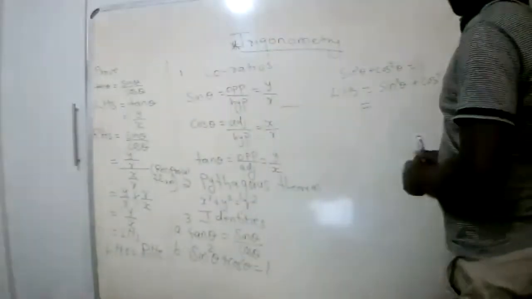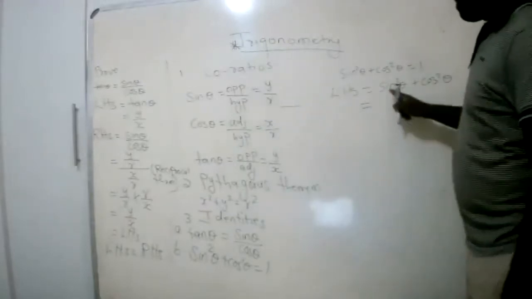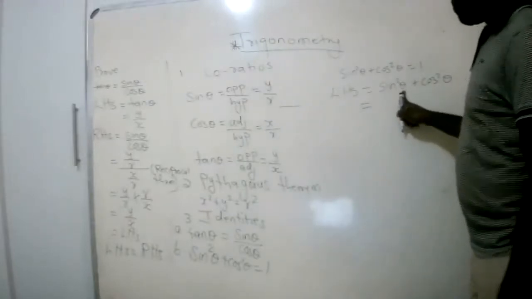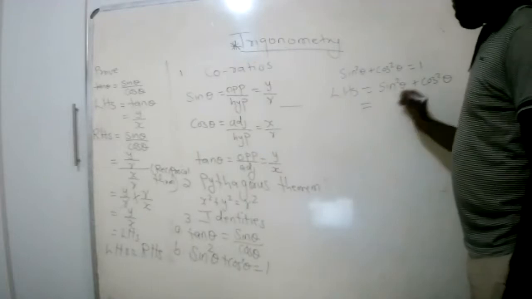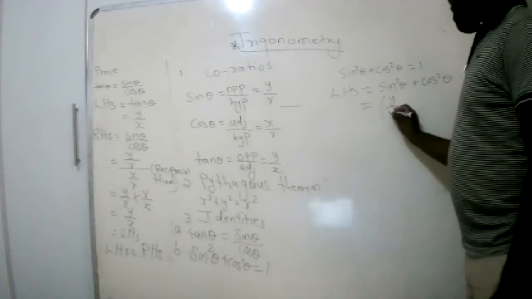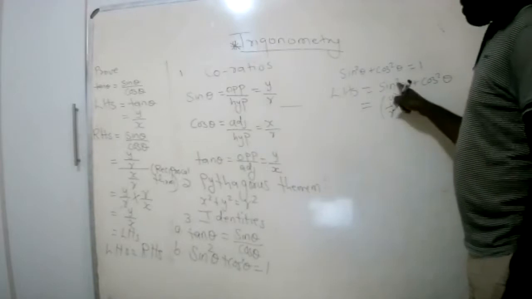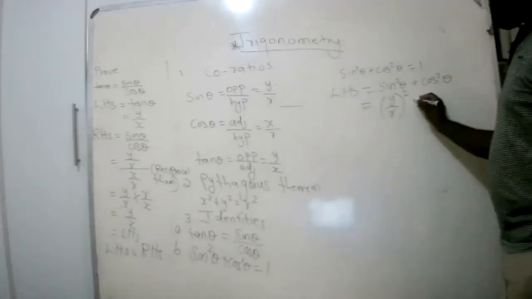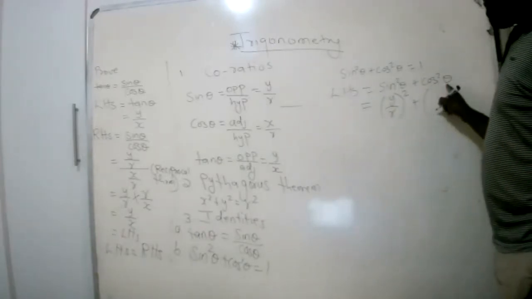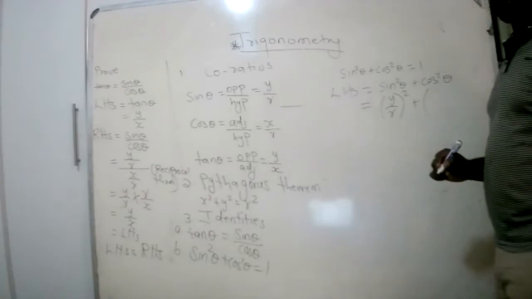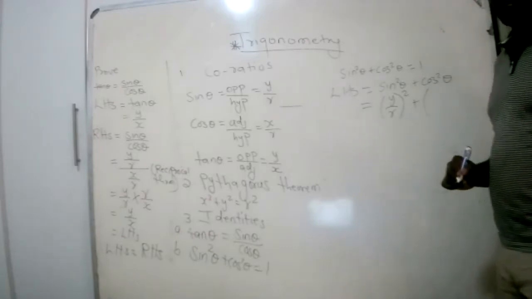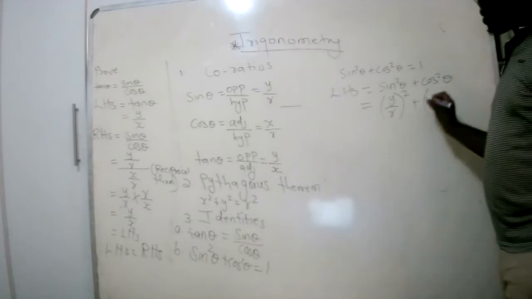Now we have sin squared theta, which is y over r, but in this case we have a square. And then cos squared theta. What is cos theta? X over r.